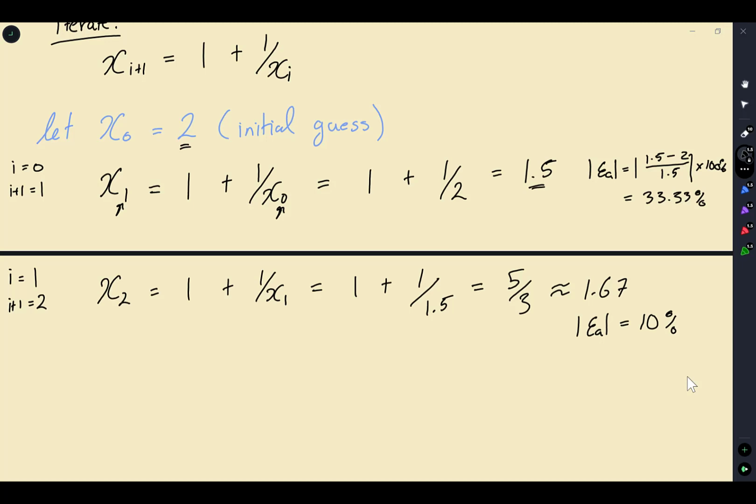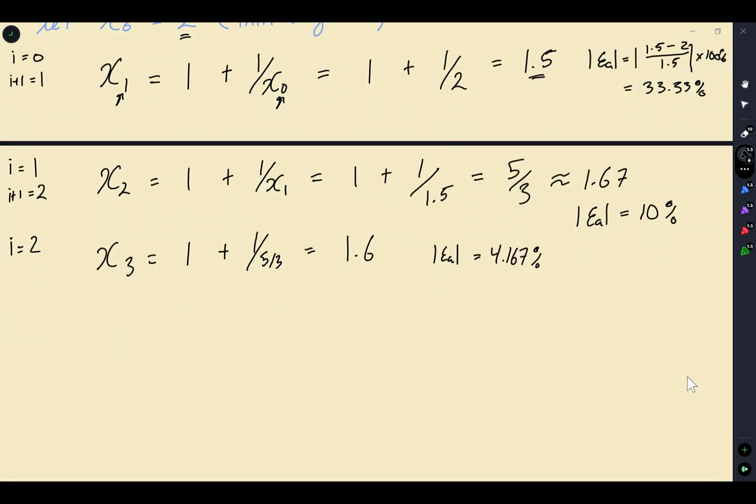We do it again. i equals 2 in this case, so x3 equals 1 plus 1 over x2, which is 5 over 3. You do the math, and you get 1.6. The relative error in this case is 4.167%.